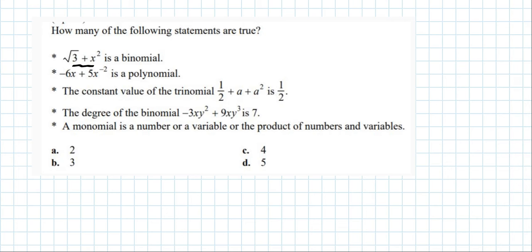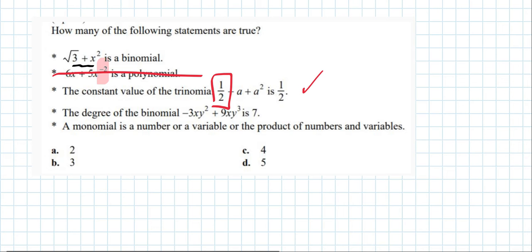That one cannot be a polynomial because, well, that x to the negative 2, this bit right here, is not allowed. So this statement is false. The constant value of a half plus a squared is 1/2. Yep, that's the number, all right. Sure.